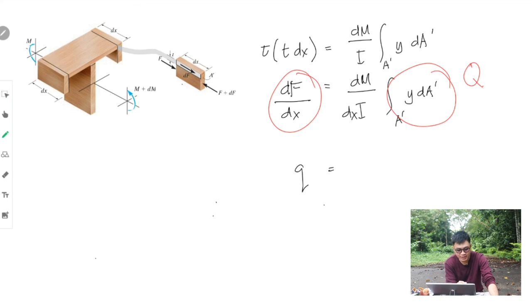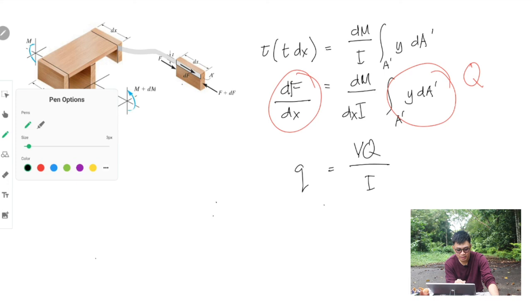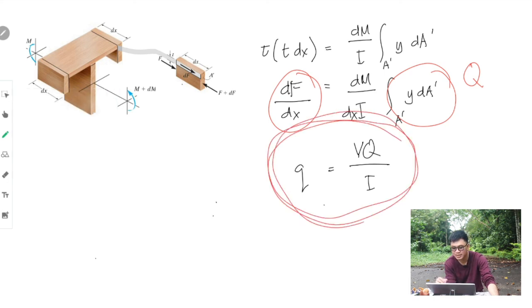And as you can recall from the shear formula, dM over dx is V. This again is your Q. So, VQ over I. This is basically the formula that will be used for your shear flow.